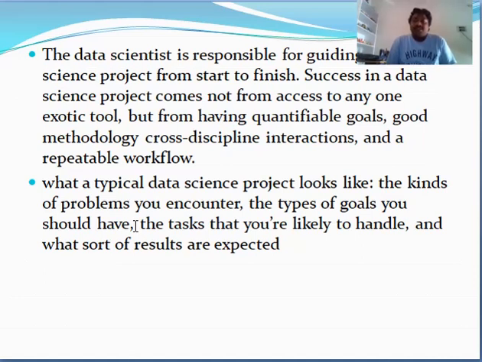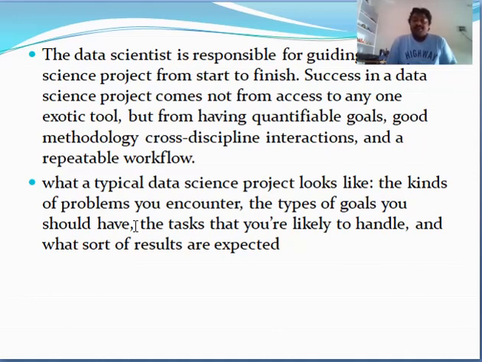The total project depends on the data scientist. The data scientist plays an important role in a data science project.